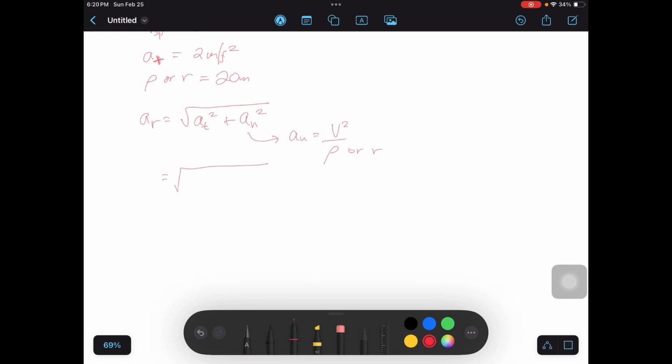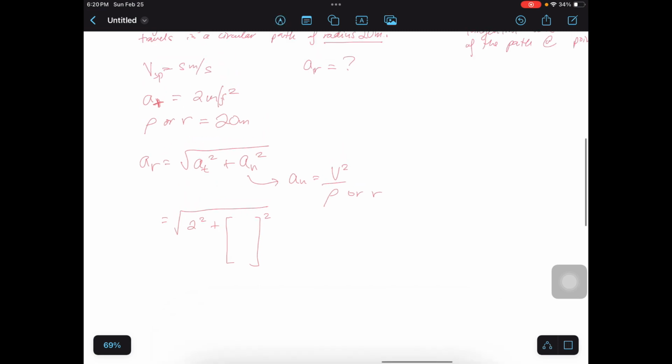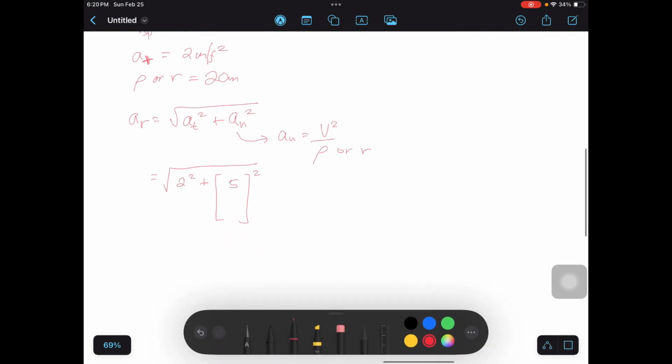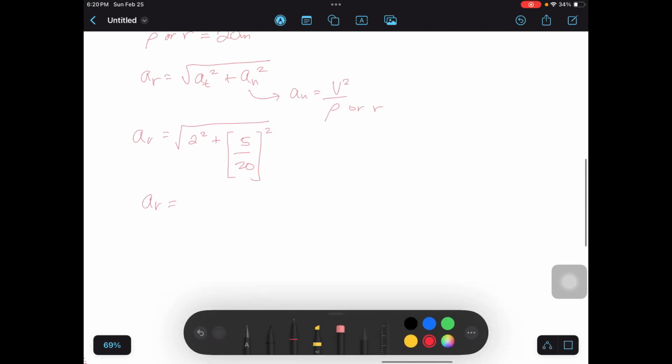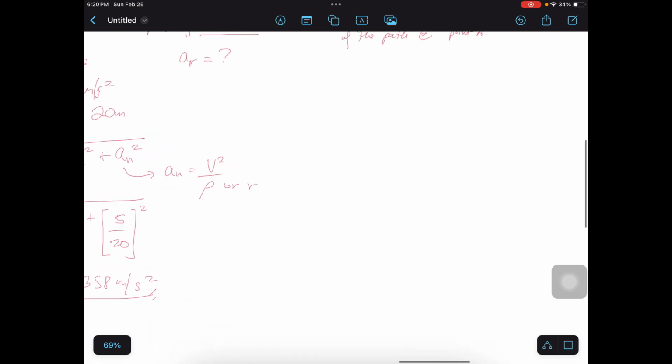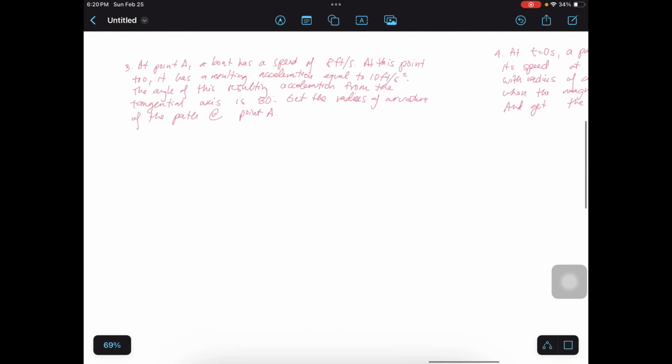Our aT is 2 meter per second squared. And then, aN is v, ano yung given v? 5 over rho na 20 meters. So, with this given, direct substitution lang, you can get the acceleration na 2.358 meter per second squared. That is number 2 agad.